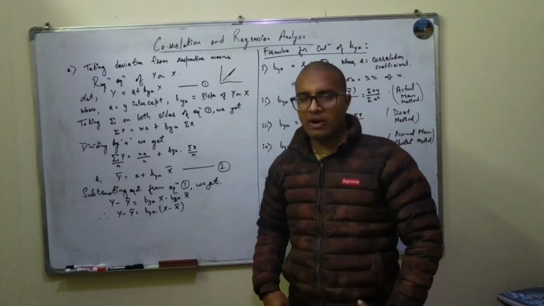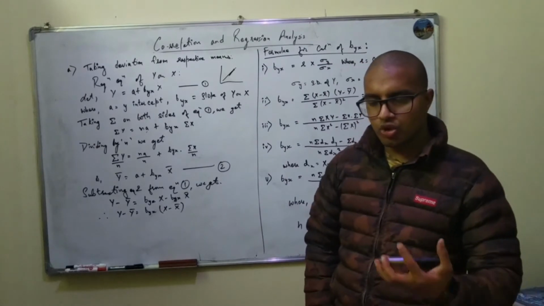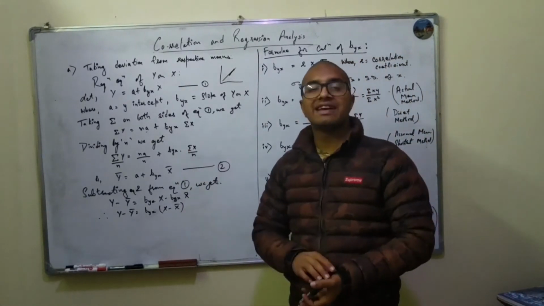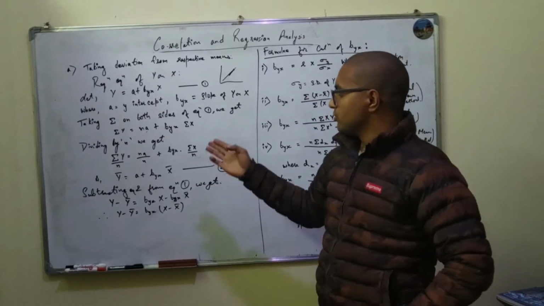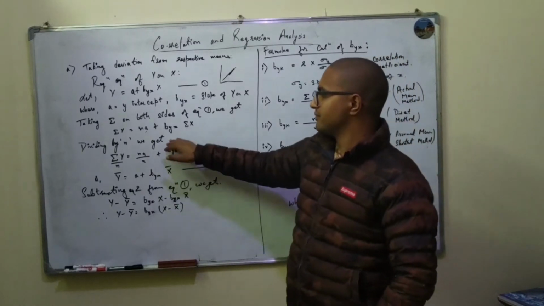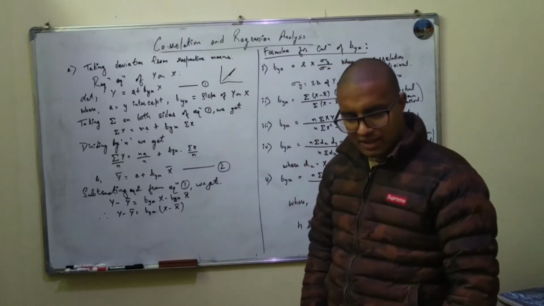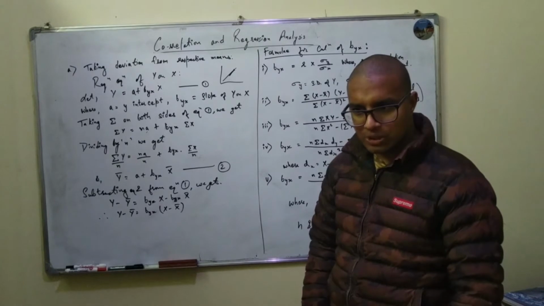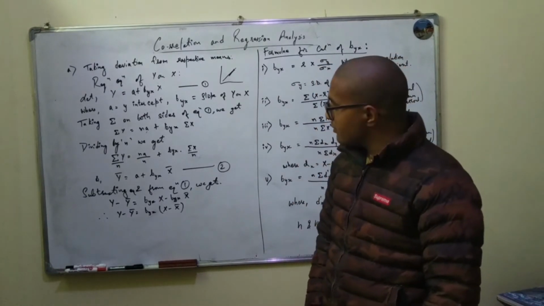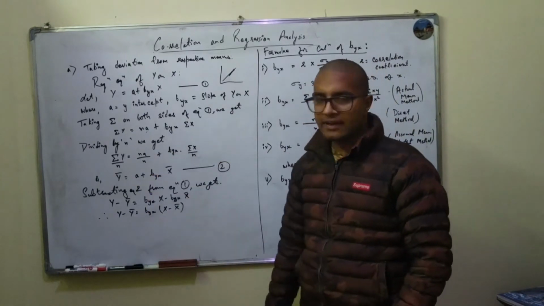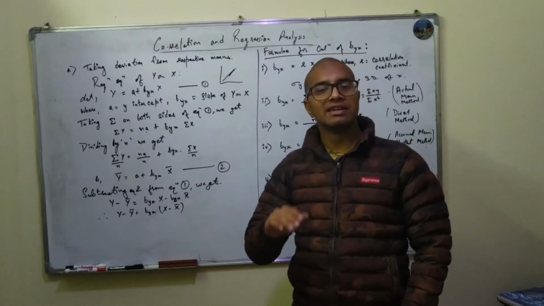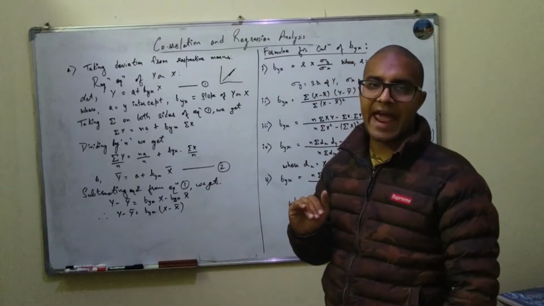Then byx is your slope of y on x, and this is your summation x. Next, we divide this equation by n. When you divide by n, summation y by n equals na upon n, where n and n cancel, plus byx multiplied by summation x divided by n, right?